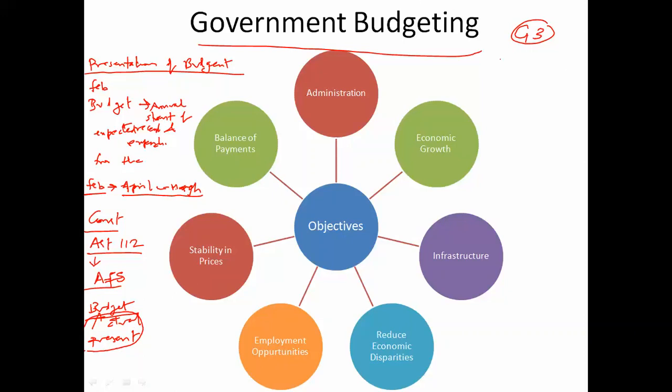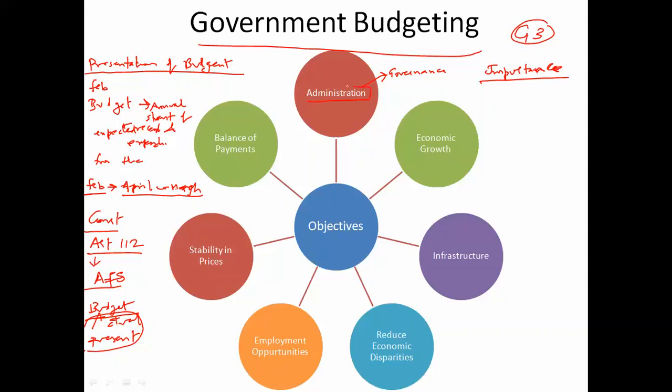Now let's come to the importance of budget. Government is presenting the budget, so we should understand why it is important. Firstly, government budget allocates resources for administration of the country. So we have many ministries which are involved in the governance of the country.